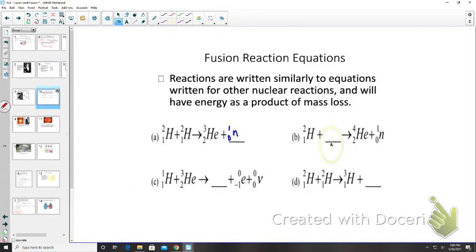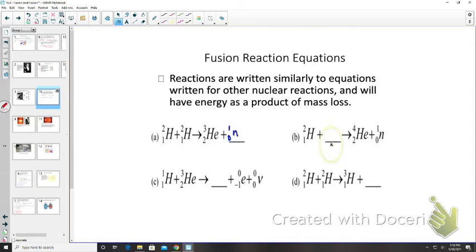Okay, nuclear fusion reactions are written similarly to those written for other nuclear reactions, but fusion reactions will have energy as a product of mass loss. And remember, mass is lost by the nucleons. Okay? So, again, when we are doing these reactions, we need to make sure that our mass and atomic numbers are balanced.